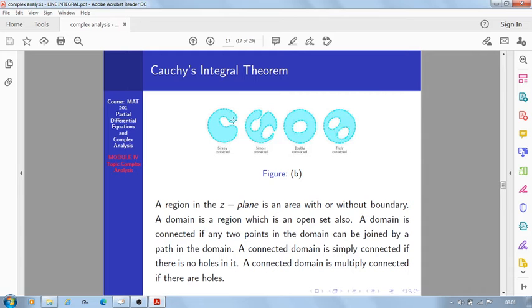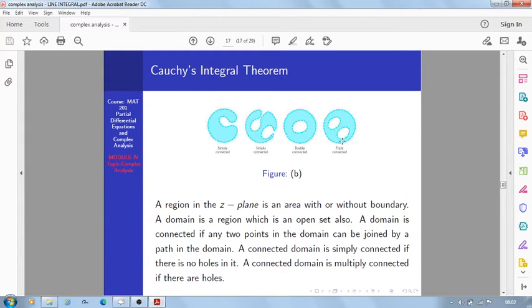That is, if you start at this point, you can reach any other point in this region without going out of this region. So this is a connected region. This is also connected because if you start at any point in this region, you can reach any other point without leaving this region. This is also connected. You can move from any point to any other point without going outside this region.